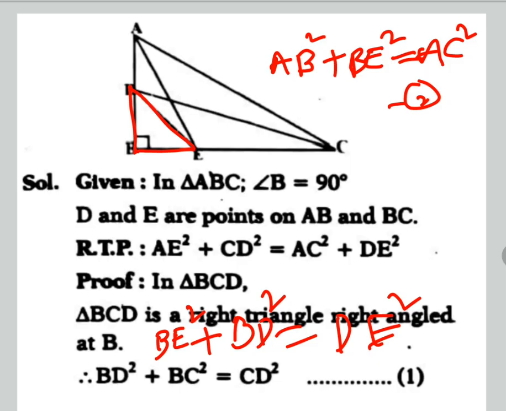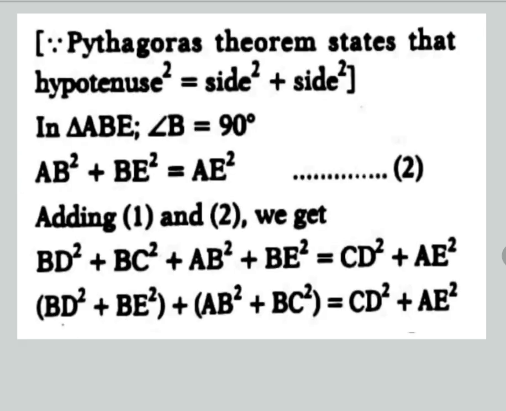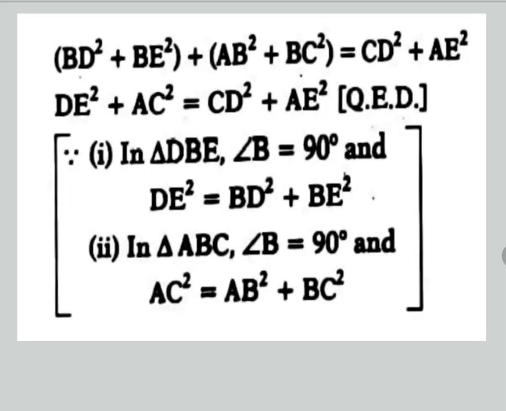And BC square plus AB square is equal to AC square. Observe this: BD square plus BE square is equal to DE square, and AB square plus BC square is equal to AC square. So then this is equal to CD square plus AE square. Hence it is proved.